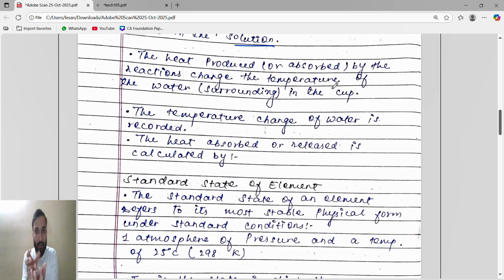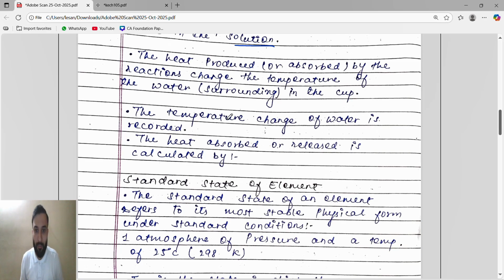If endothermic, it will absorb the heat. If exothermic, it will release the heat. So the heat produced or absorbed by the reaction changes the temperature of the water, which means the surrounding.